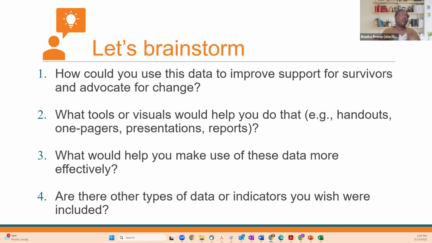So I had planned to do this group discussion for like 30 minutes, but it's not going to take that long because we have more stuff to talk about and I want to get to it. So just want to spend the next 10 minutes or so reviewing these questions. I'll go through each of these one by one and try to move us along. Feel free to come off mute.